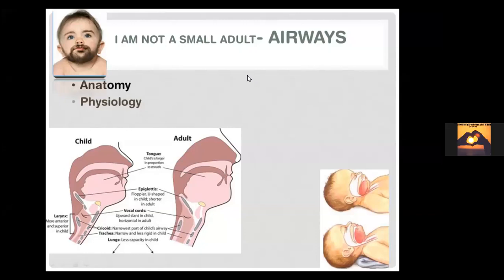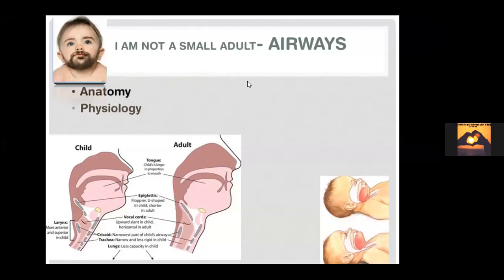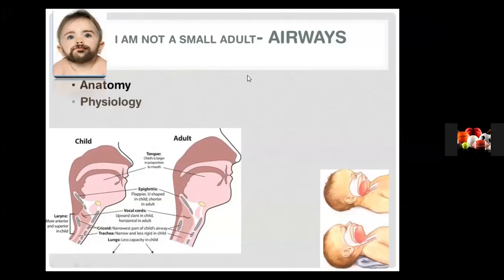I think the shape is kind of triangular. And it's very hard to open it.